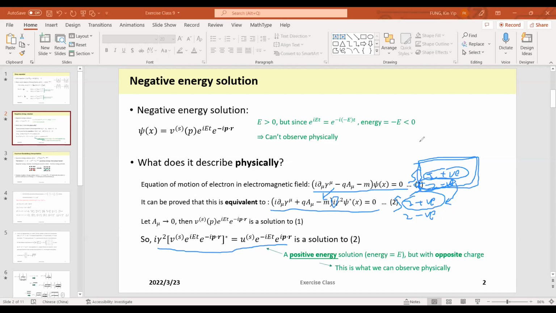Yeah, but why can't we just say the antiparticles, when they move, have negative energy? We can't say that because in reality, when you measure their kinetic energy, it should be positive.